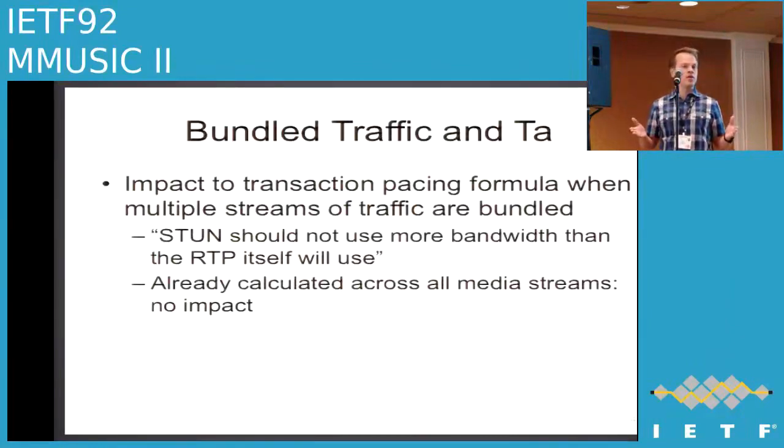So, to the best of my knowledge, it doesn't make a difference if we bundle them all in a single 5-tuple or not. Basically, the end result should be the same, because of how the calculations work out: you sum your traffic across all the streams and then try to match your pacing to the combination of all your traffic. So whether you bundle or not, that shouldn't be an issue here.